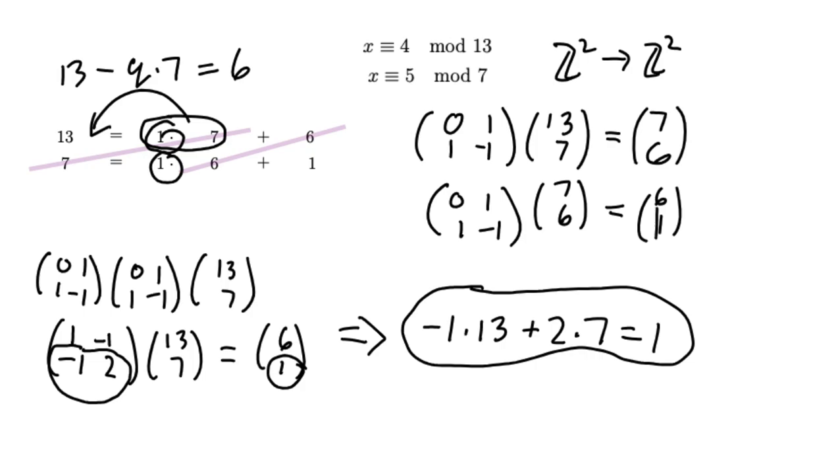B would be 7, we're modding out by 7. So this (4, 5) you can think of as being an element, after modding out, of Z mod 13Z cross Z mod 7Z. So 4 is in here and 5 is in here.